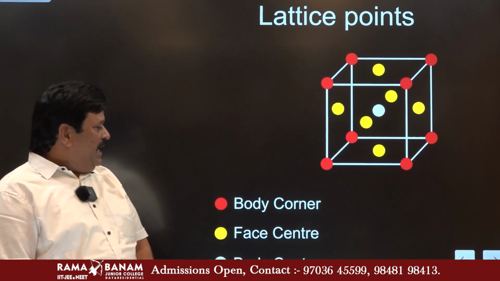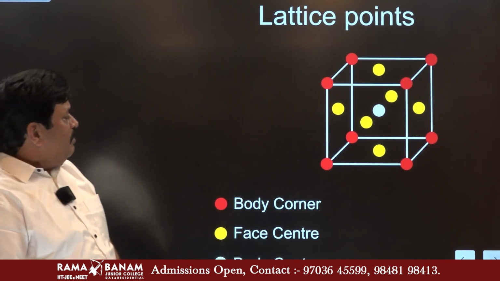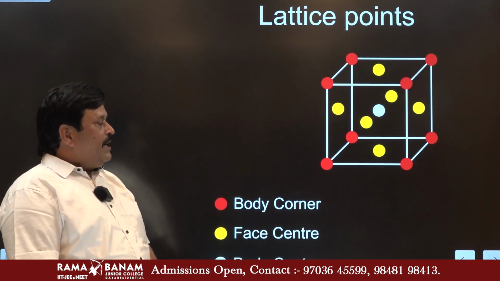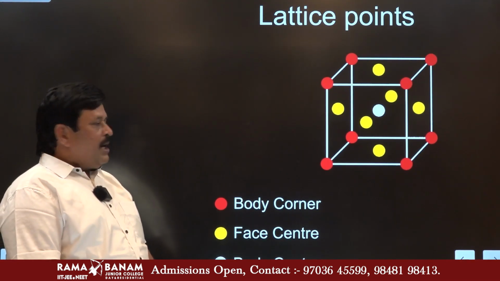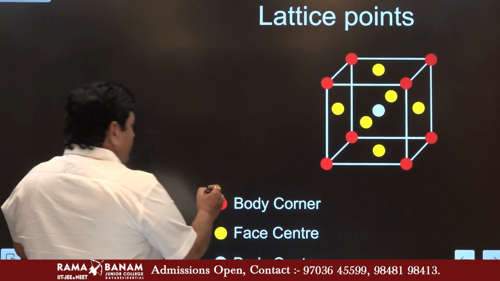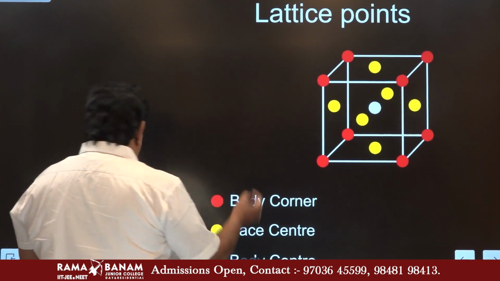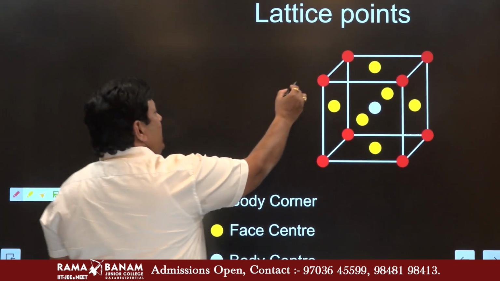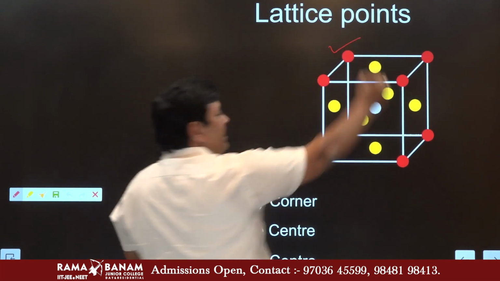See, it's clearly shown on the board. The three different balls, different colors marked in that cube. This red ball means red part. This lattice point is called as body corner.